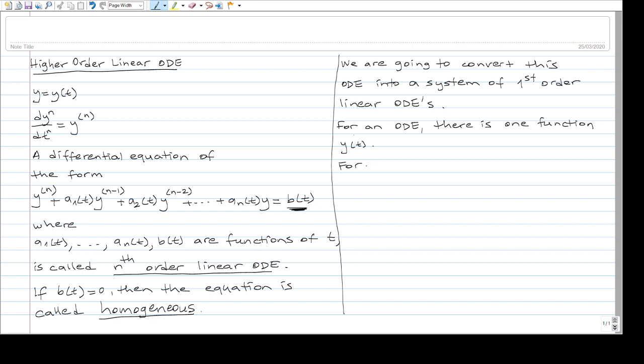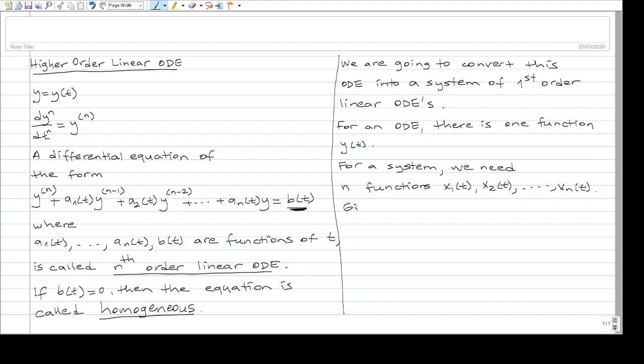For a system, we need n functions. This n here is the order of our differential equation, the highest order of y which appears in our equation. Remember, we denoted them by x1 of t, x2 of t, up to xn of t.